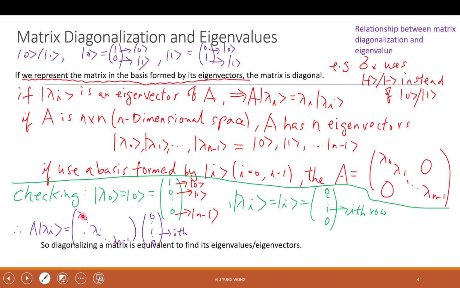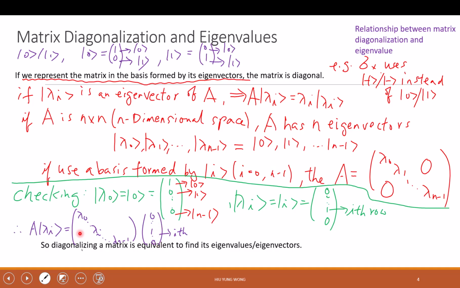Do you see that? So this is lambda 0, and then the rest is 0. When I multiply this row times this column, what do I get? 0, because lambda 0 times 0 is 0. The rest is 0, so they are all 0.